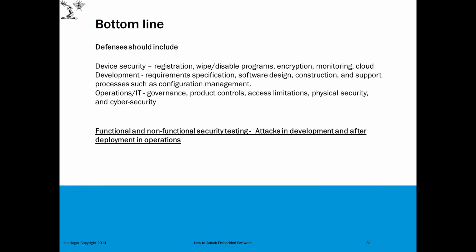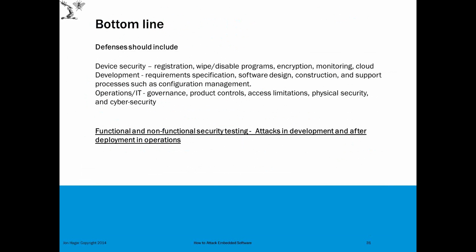On the development side, we probably want to be working on having better requirement specifications in the security world. Some apps and some development groups, I think, have that, some don't. The software design and construction itself can be much more robust, I believe, and the support processes, such things as configuration management and what version of the software we've tested and what version's getting out in the field.